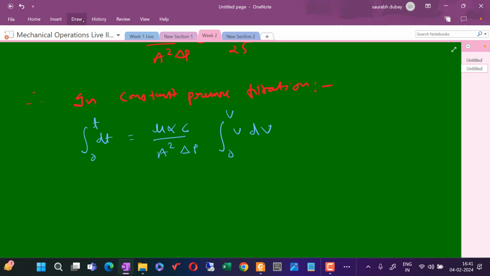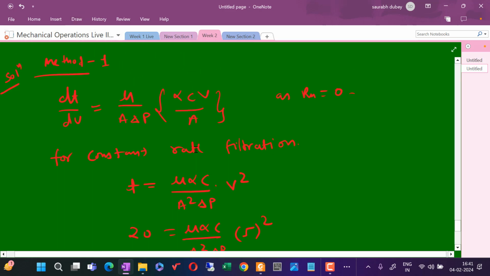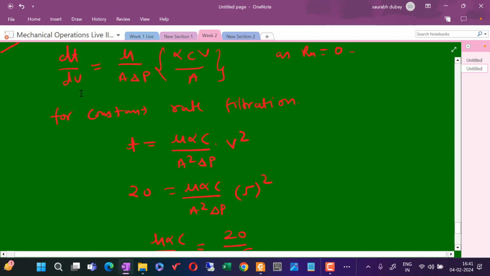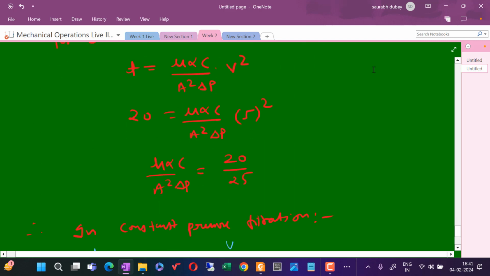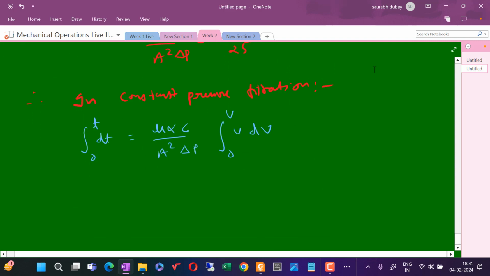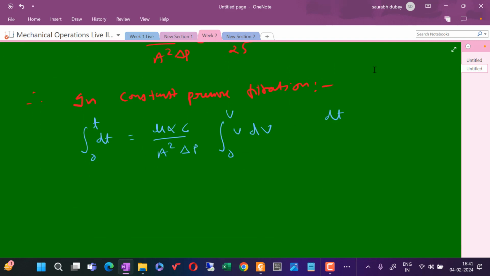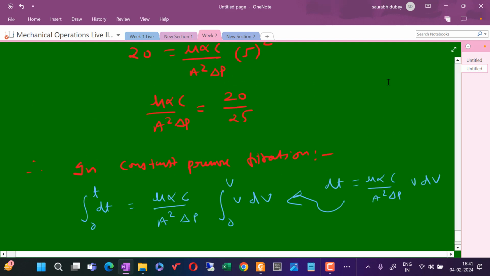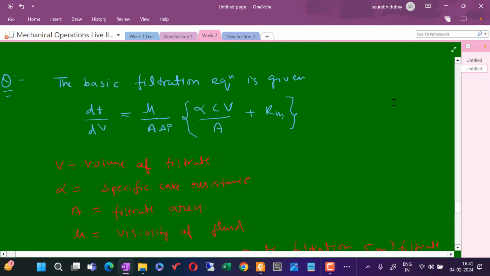Pressure is constant, so you took it out. This came from the first equation only.